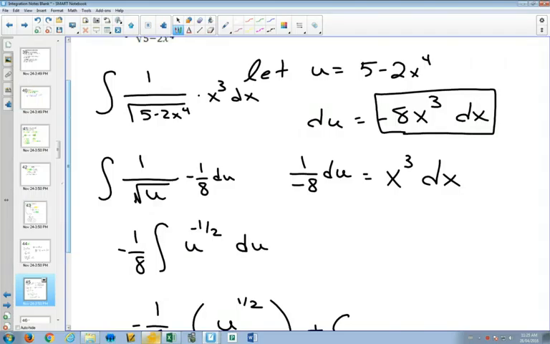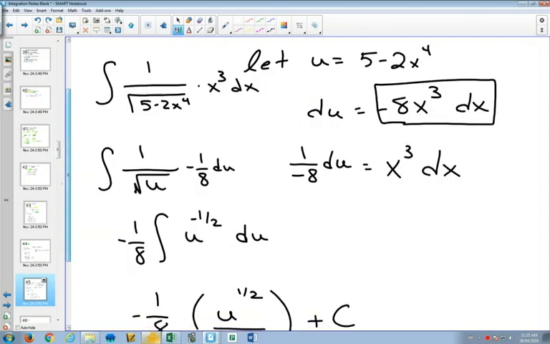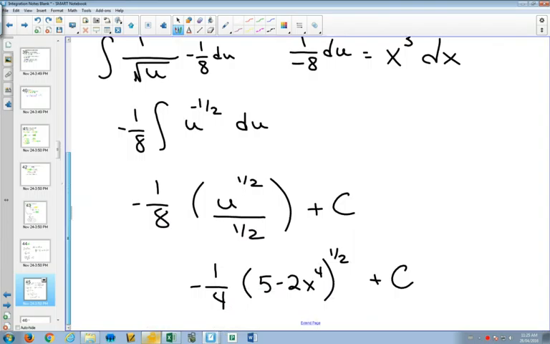You had to divide by negative 8 to get just x cubed dx. But then once you substitute it back in, you had something easier that you could integrate and then substitute back at the end to get your final answer.